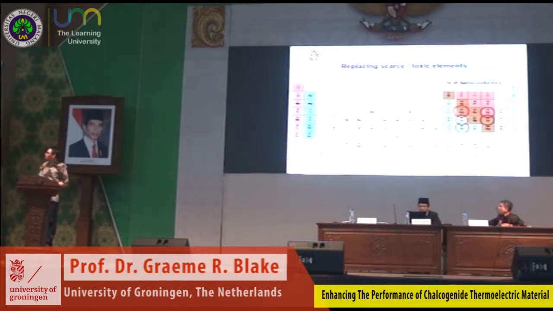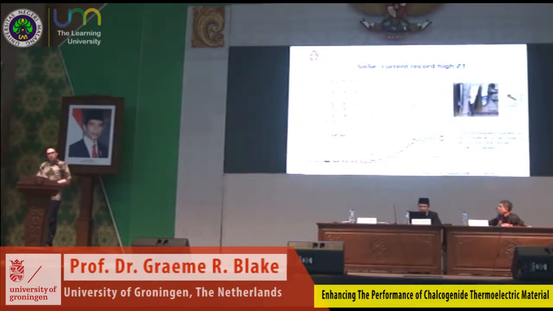Next, please. So actually this has been investigated recently, and the current world record holder of ZT is this material, tin telluride. So this has a ZT of 2.6 along one of the crystallographic axes. It's a very anisotropic material because it has a distinctive layered structure shown in the inset of the plot there.